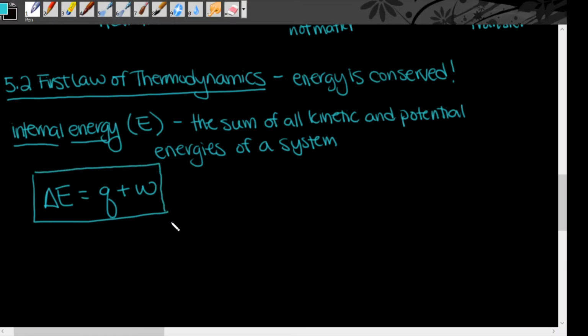Because energy is the ability to transfer heat or to do work. And so that's how we can calculate the change in internal energy, is to look at how much heat was transferred and how much work was done. Another way to calculate the change in energy of a system is if you just know how much energy something has in its final state minus how much energy it has in its initial state.